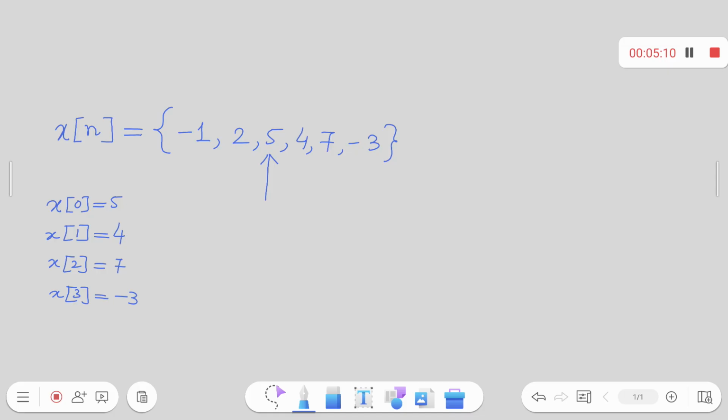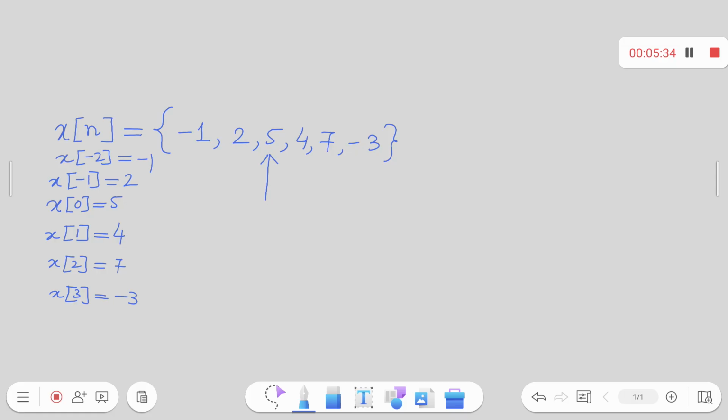You have x of minus 1, that is equal to 2, and x of minus 2, that is equal to minus 1. Is it okay? So basically it's a finite length sequence. What is the length of the sequence? That is 6.